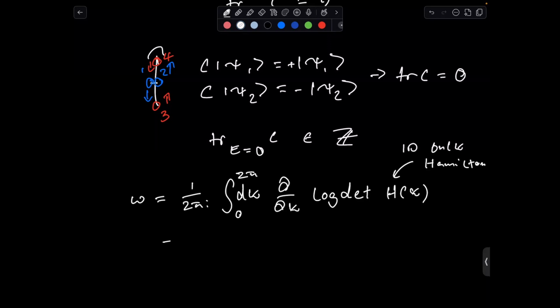You can show that that is actually equal to the trace of C restricted to zero energy. So that's the bulk boundary correspondence: we have a bulk quantity that is quantized and that is equal to the boundary quantity. But I don't have time to derive this. This is a bit too fast.